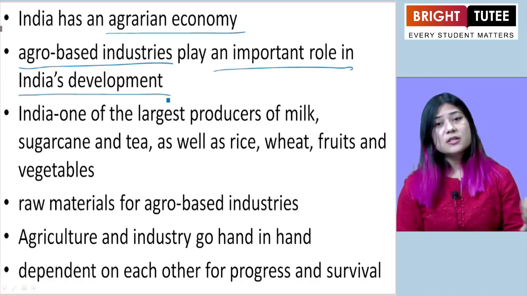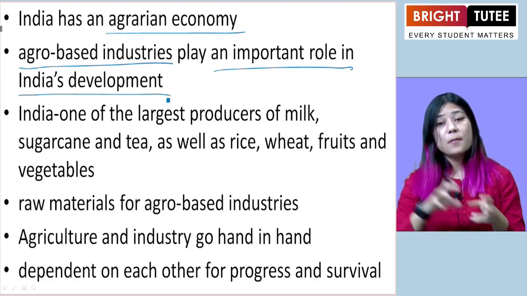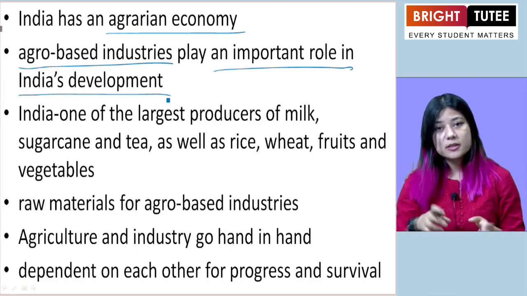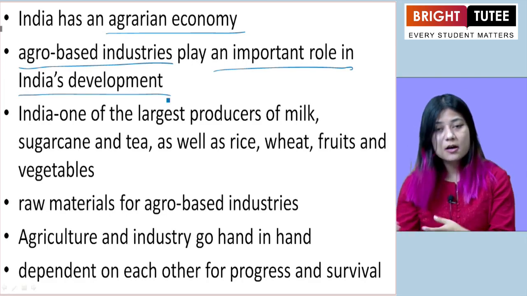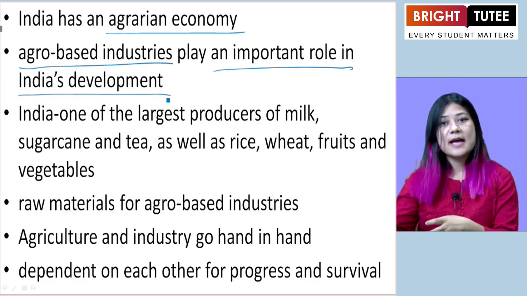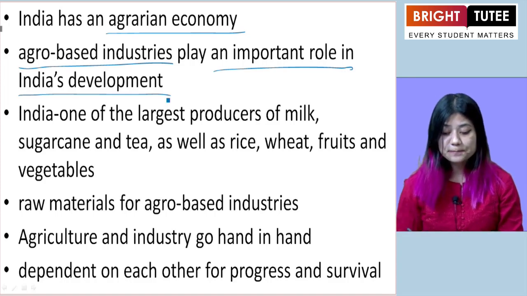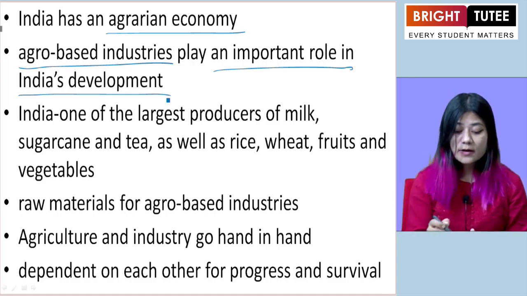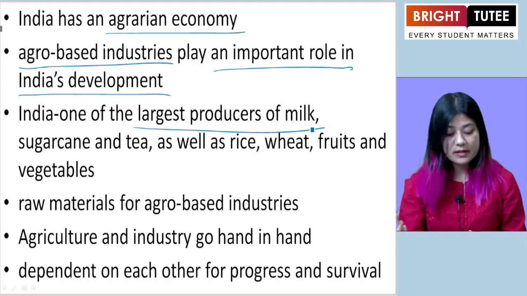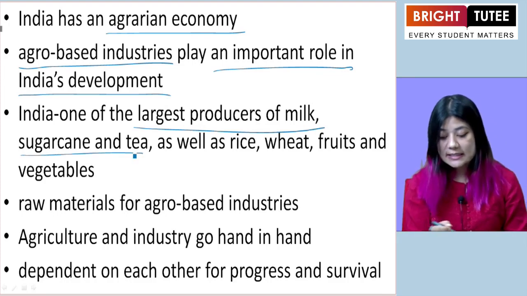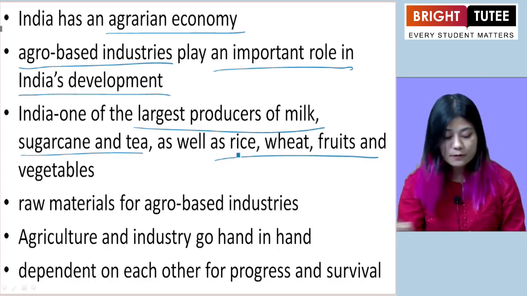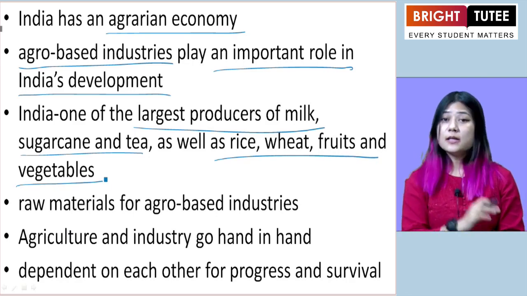The raw materials come from the agricultural sector to the manufacturing sector, where they are manufactured and goods are produced. India is one of the largest producers of milk, sugarcane, tea, as well as rice, wheat, fruits and vegetables.